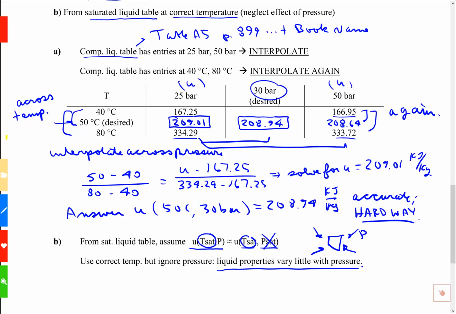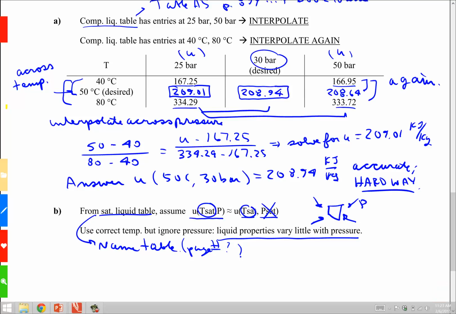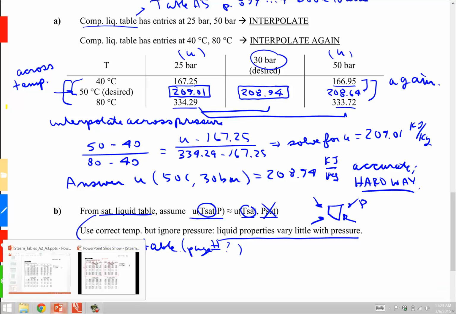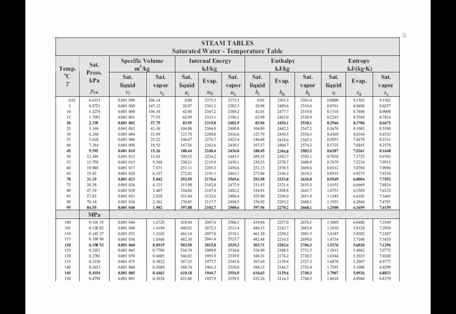Okay, so we're going to look at a saturated liquid table. I have to identify the table with a book and a page number. And let's go look at a saturated liquid table. See what information we've got. Here we are.